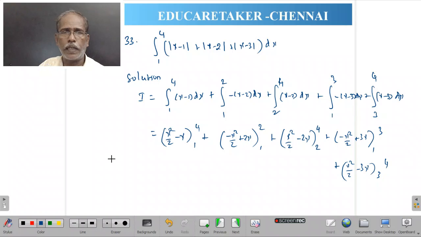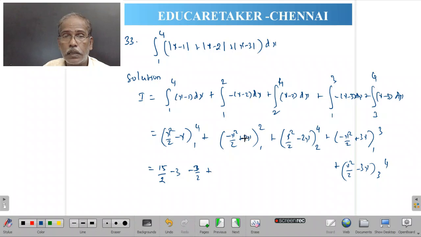Now we have to simplify. 4 square is 16, minus 1 is 15 by 2, and 4 minus 1 is 3. Then minus 1 by 2 of 2 square minus 1 square, 4 minus 1 is 3, so this is minus 3 by 2.